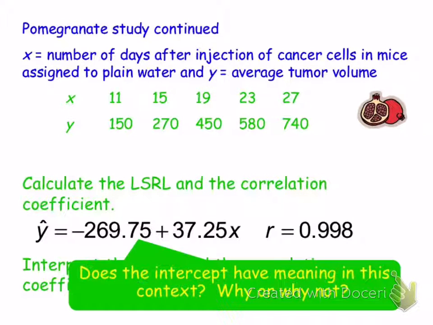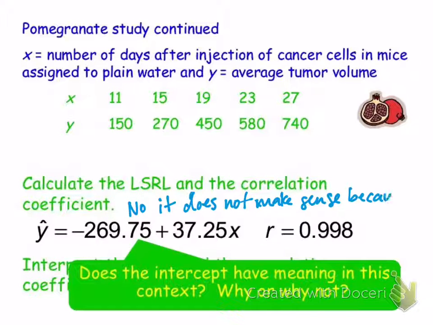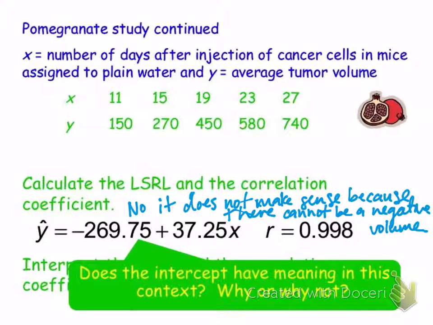So if this were a question that I would ask you on a test, you would say no. It does not make sense because there cannot be a negative volume. So having a negative volume at 0 days does not make sense.